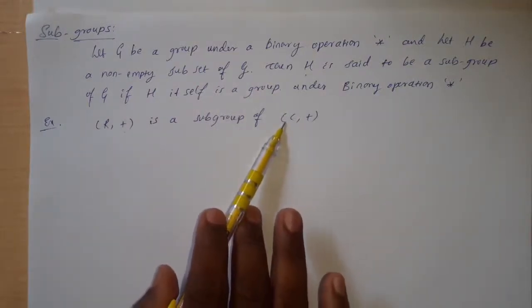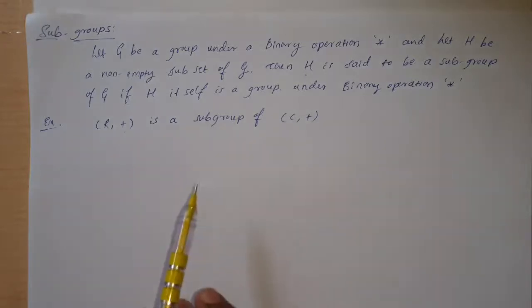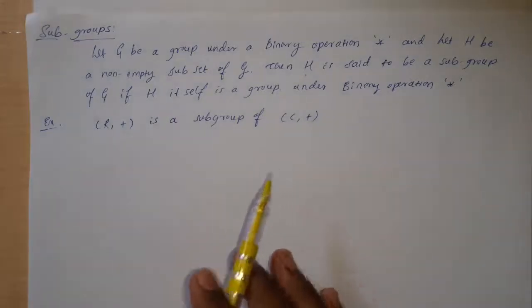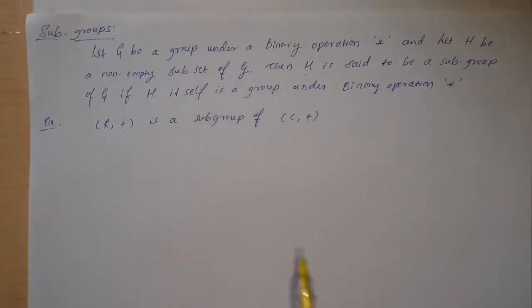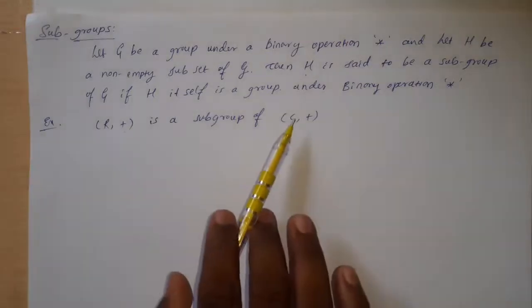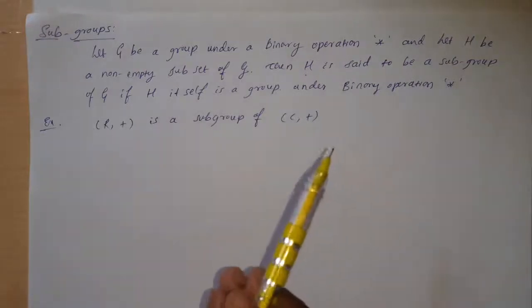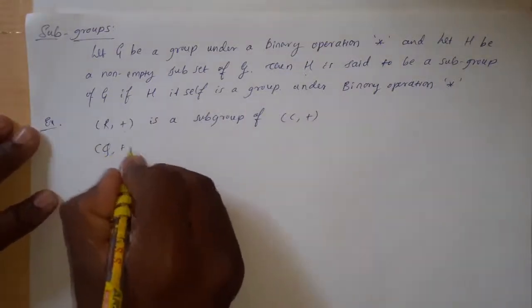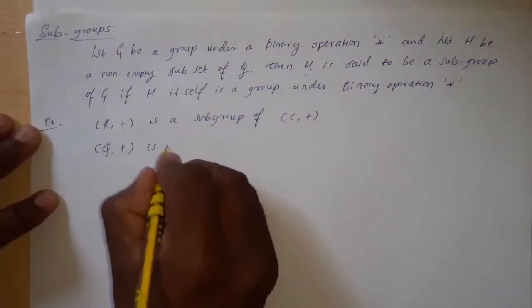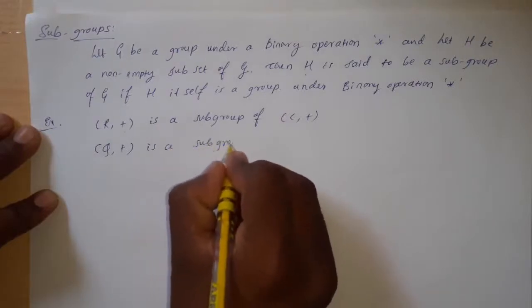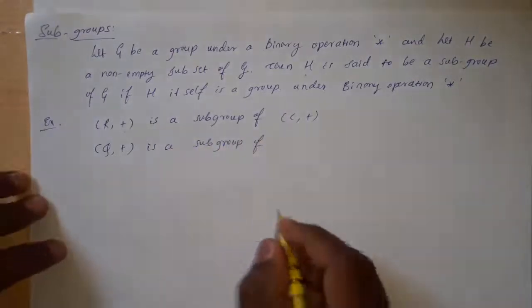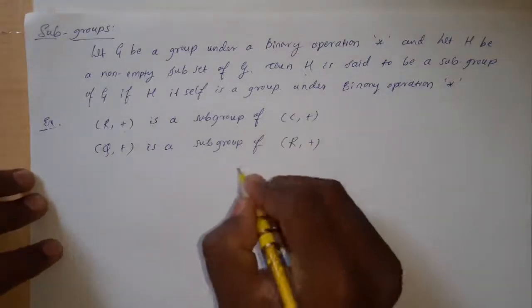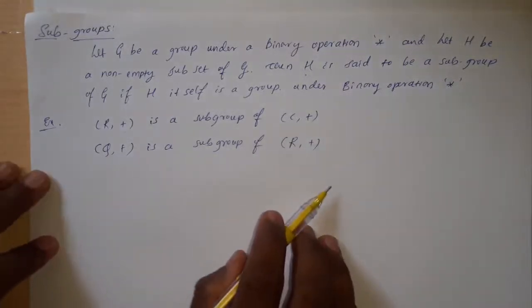We know that every real number is a complex number, because if its imaginary part is equal to 0, then we can say that that is the real number. So, therefore, the set of real numbers is a subgroup of the set of complex numbers, and the set of rational numbers under addition is a subgroup of R plus, that is the set of real numbers with the addition.